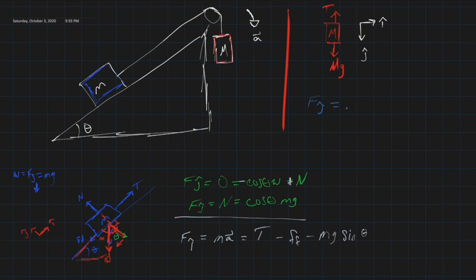Mg is positive, and tension is pulling the other way, minus tension. And this will equal the mass times acceleration, and this is big M. I apologize again. That's all the forces. We see there's no forces acting in the I hat direction. So we see that mass times acceleration equals Mg minus tension.